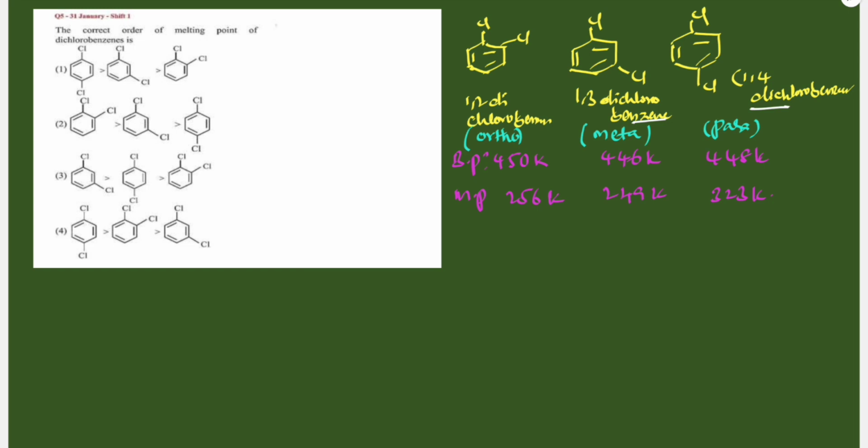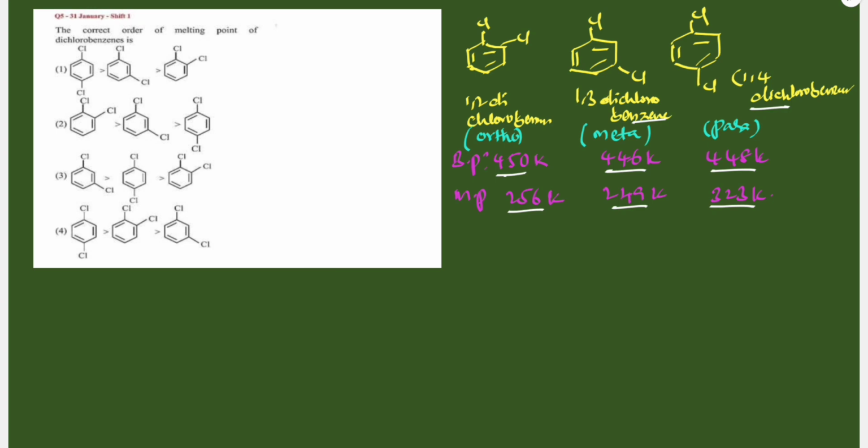The boiling points of isomeric dihalobenzenes are nearly the same, but melting points are different. The melting point of para is between 70 to 100 degrees Celsius, which is greater than the melting point of ortho and meta isomers.